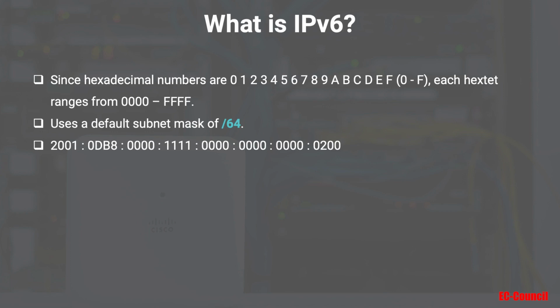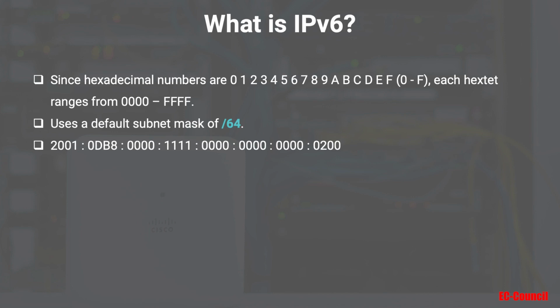To further break down the IPv6 address, these first 3 hextets represent the global routing prefix itself, which is assigned by the provider. This portion here, which is 16 bits, represents the actual subnet itself. The last 64 bits represents the interface ID.